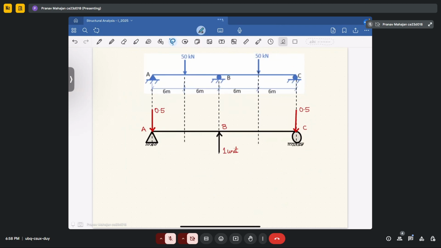Okay. Now, if we try to draw the M upon EI diagram for this case, how will it look like? Let's see that. So if we draw the M upon EI diagram in this case, it will be an isosceles triangle, or you can say a linear diagram with maximum value at the center.